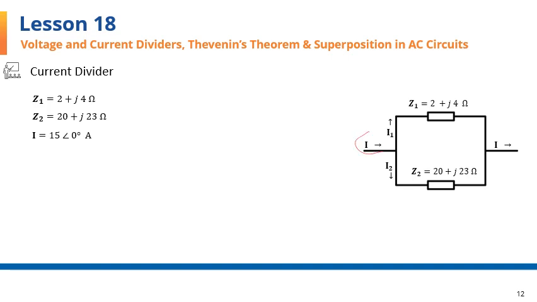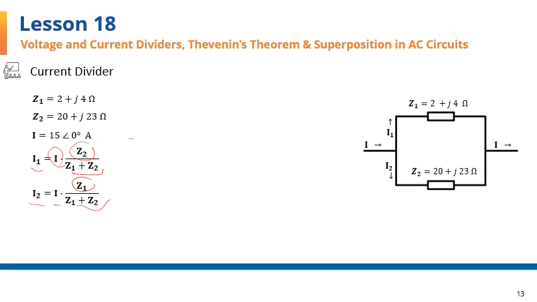Here current I is coming in, is getting subdivided into I1 and I2, going through two parallel branches, Z1 and Z2. I1 and I2 are calculated based on these two formulas here. I1 equals I times Z2 over the sum, and I2 equals I times Z1 over the sum.